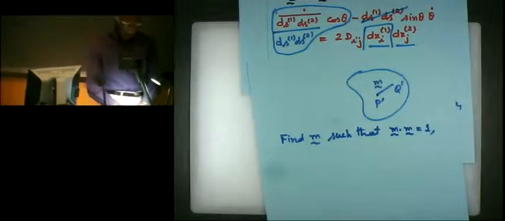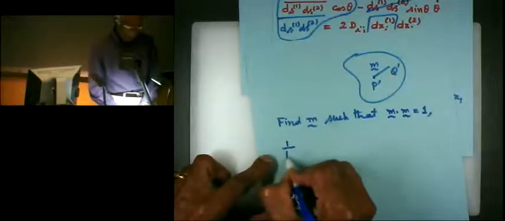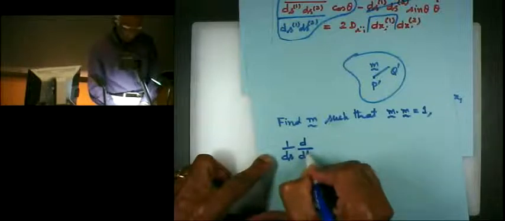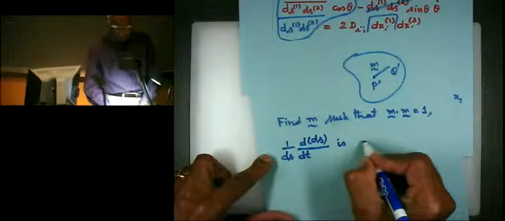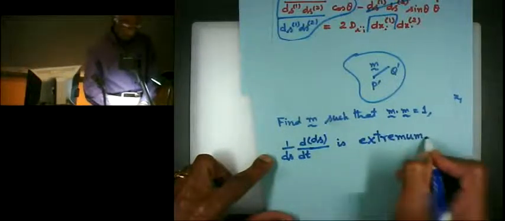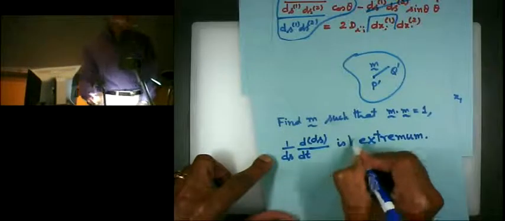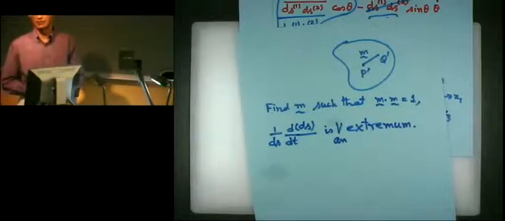Find the unit vector M passing through P prime such that the rate of change of length per unit length is an extremum. Extremum could be minimum or maximum, but I cannot tell you beforehand whether it's maximum or minimum. So extremum covers both.